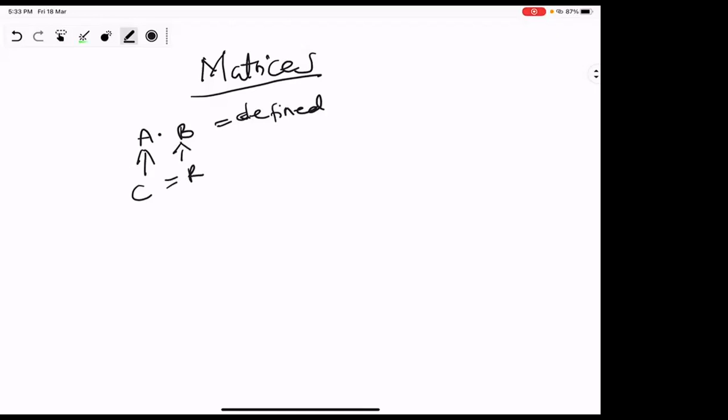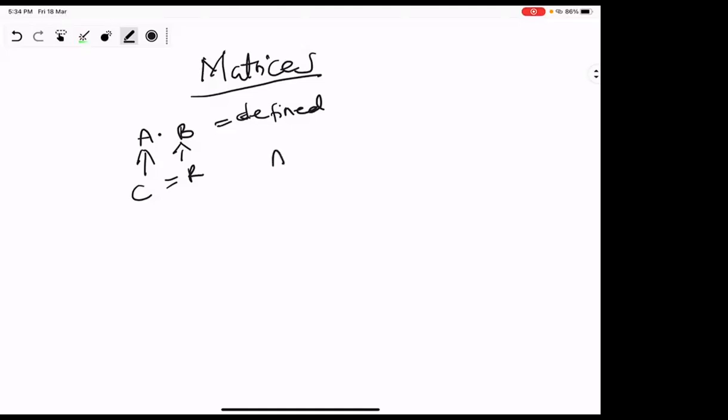So last week we were able to deduce a quick way to check whether the product of two matrices is possible. And that is to write down the dimensions of the two matrices involved, making sure that the first dimension that you write corresponds to your first matrix, followed by the dimension of your second matrix.